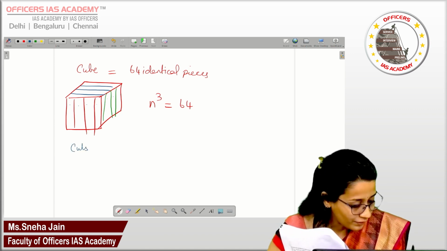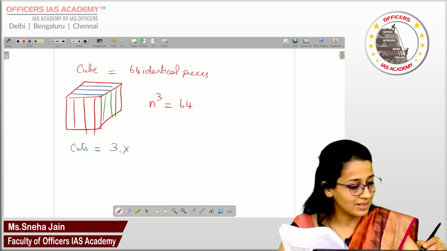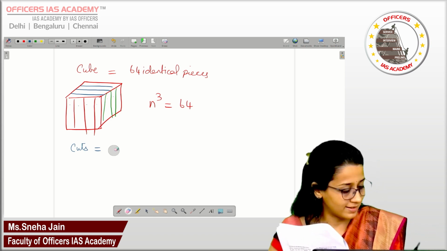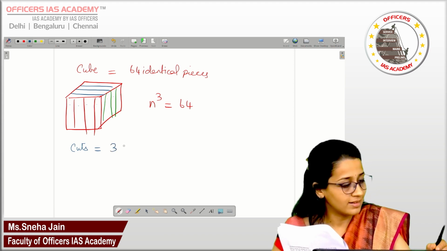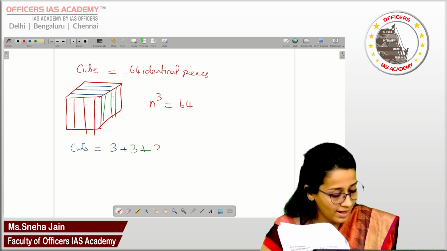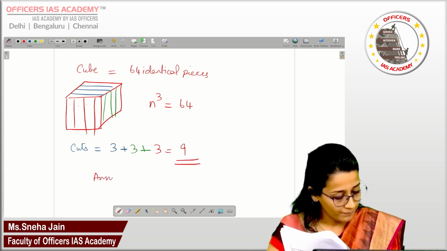So the number of cuts here are 3 cuts plus, we don't multiply because we are adding, we are trying to find out how many cuts are there. 3 on this side, 3 on this side, and 3 on the other side. So my answer is 9. That is, the answer for this question is B.